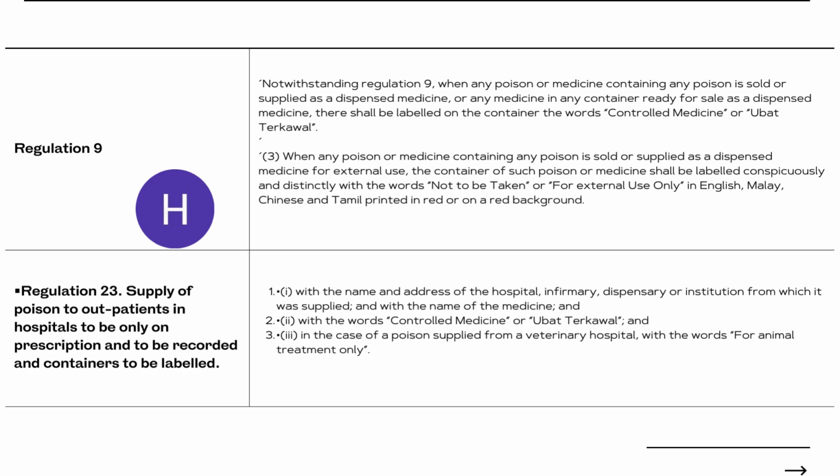And in the case where the poison or medication is supplied not from the hospital pharmacy but from a veterinary hospital, another label, "animal treatment only," or "untuk penggunaan haiwan sahaja," must be pasted as well.